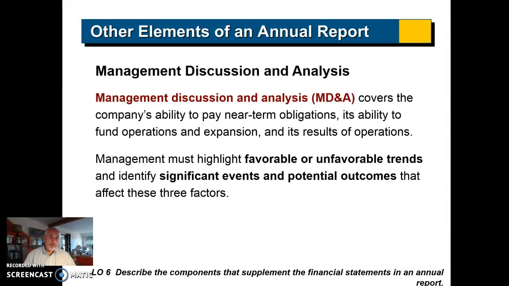Management should also talk about the industry. It should talk about those things that are going well in the industry, those items that may be unfavorable, that are not necessarily caused by the company, but could be caused by external events such as the economy, perhaps new legislation that has been enacted that could impact it.